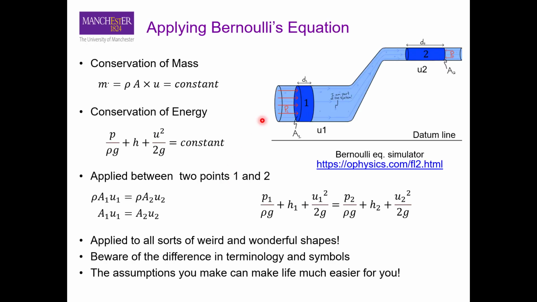so let me quickly recap what you discussed in the previous lecture with Dr. Tom. You looked at the general conservation law, and you specialized it into the form of conservation of mass. It means that the mass flow rate in a particular section will be constant.